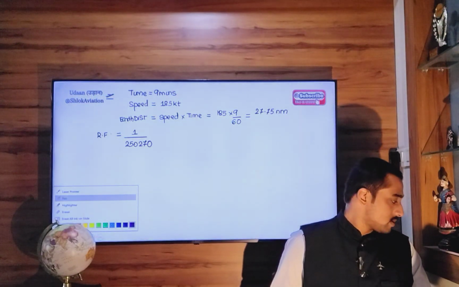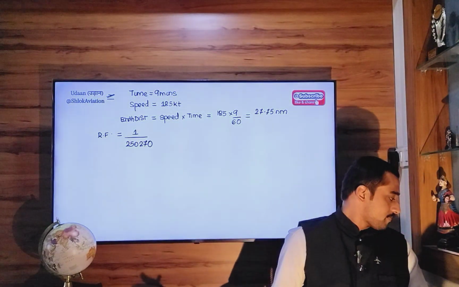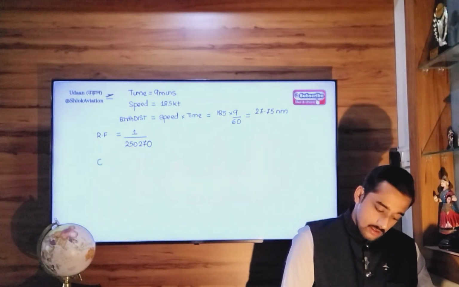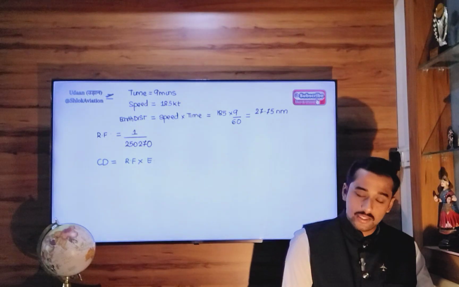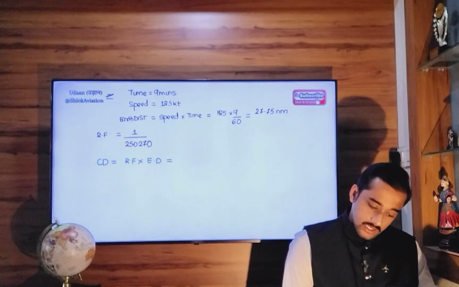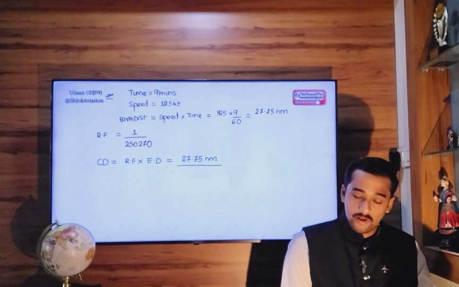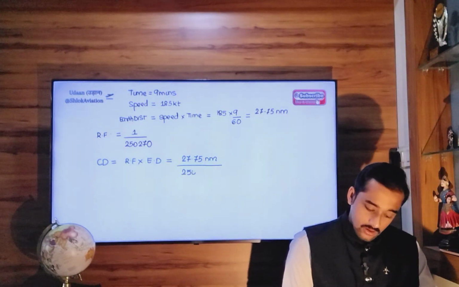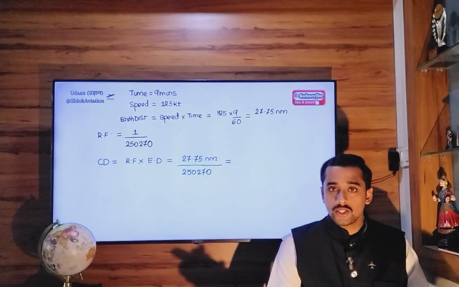So your chart distance will be equal to representative fraction multiplied by earth distance. So earth distance is 27.75 nautical miles and representative fraction is 1 by 250,270. Let's convert this nautical mile into inches.